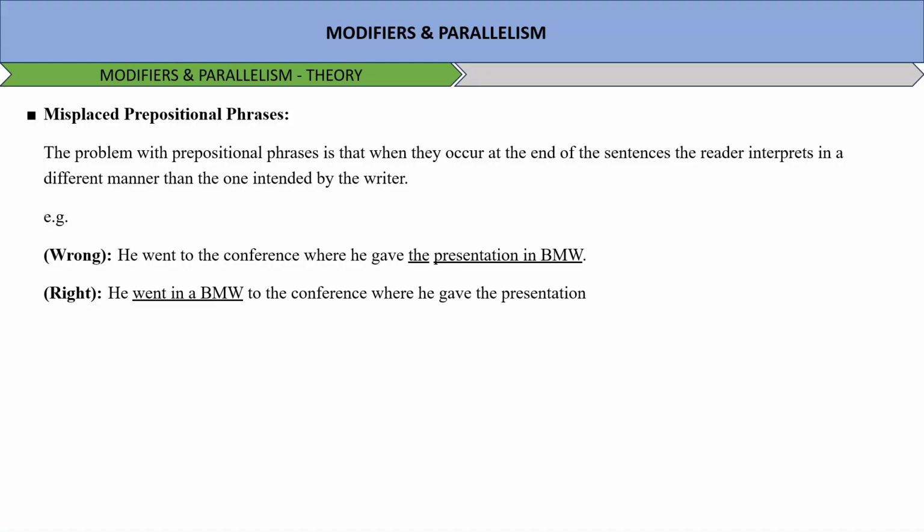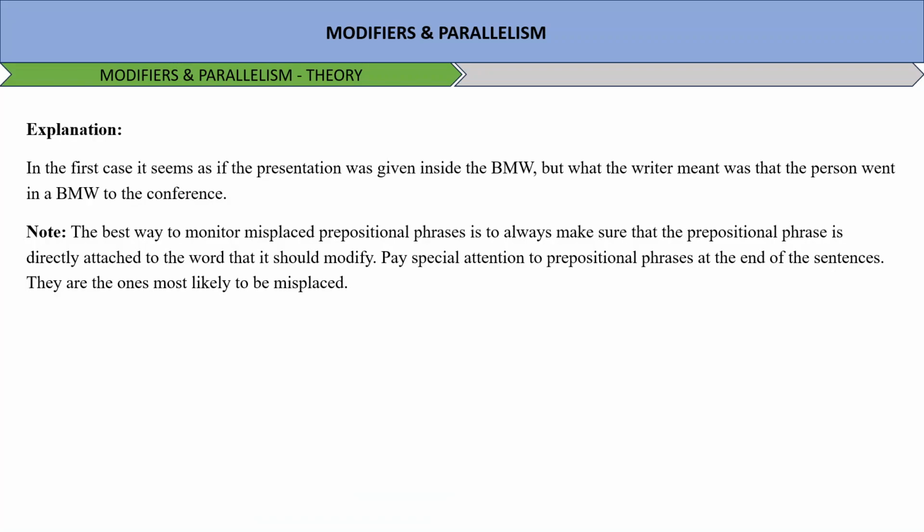He went in a BMW to the conference where he gave the presentation. The first means something different, and he went in a BMW means something different. Let's understand. In the first case, it seemed as if the presentation was given inside the BMW, which was quite obvious. But what the writer actually meant was that the person went in a BMW to the conference.